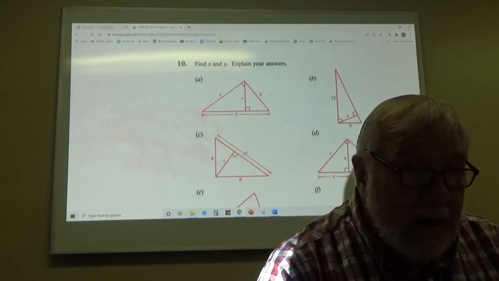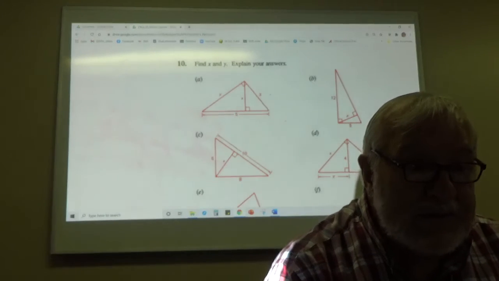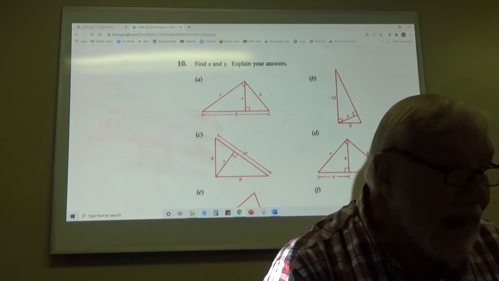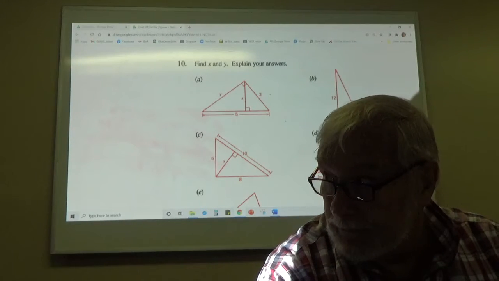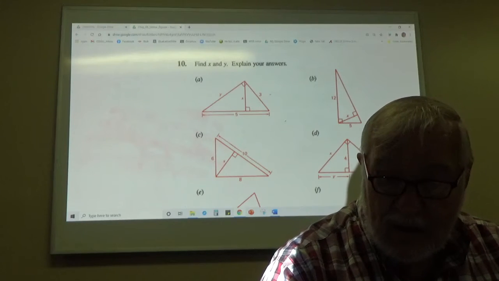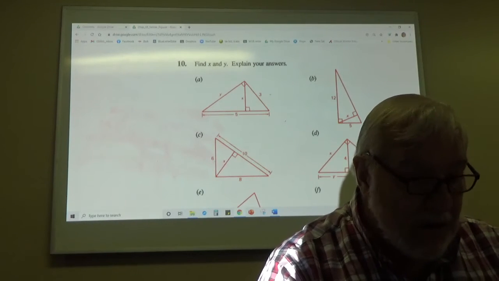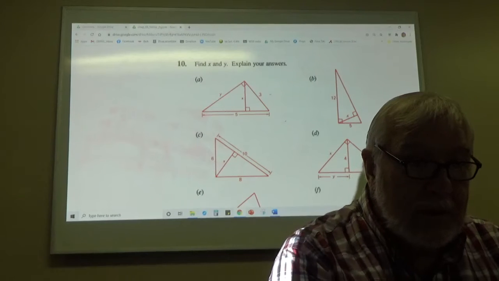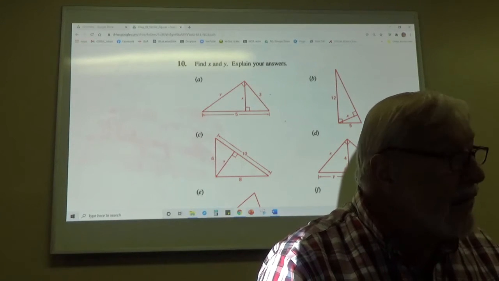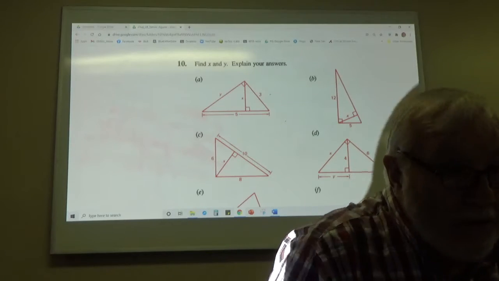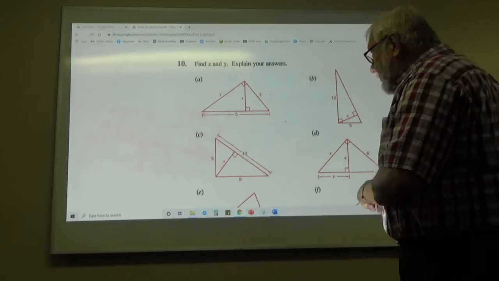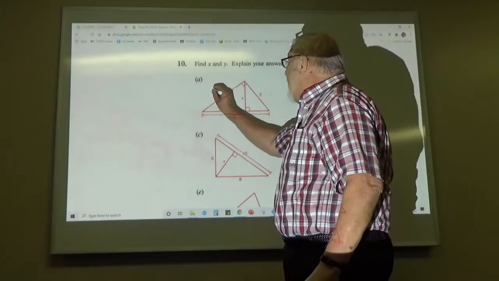All right, now, in the outside triangle, you notice that the right angle is in the top corner. So therefore, what kind of triangle do you have there? Do you notice you have a 3 and a 5? Does that ring a bell for right triangles? What is it? 3, 4, 5. So that means that the y is 4.